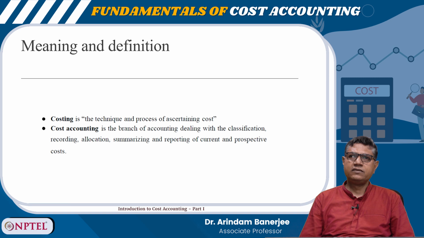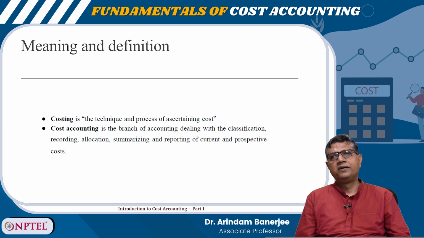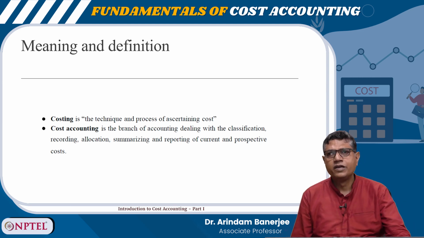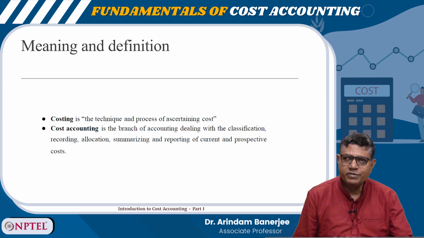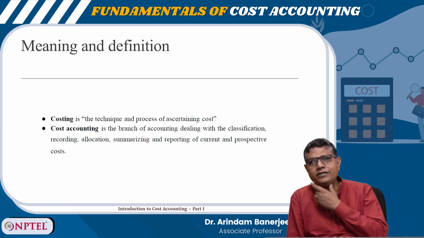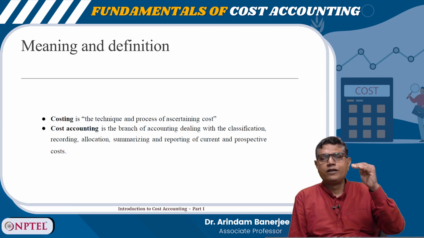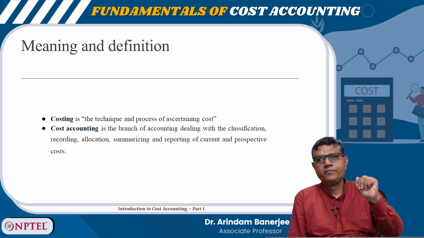Now, what we need to do, as we will see later on in the course, is identify each element of the cost and then calculate each element separately. So, we can calculate the material cost incurred for a product. If I am estimating the product cost, I can estimate the element of labor cost in that particular product.